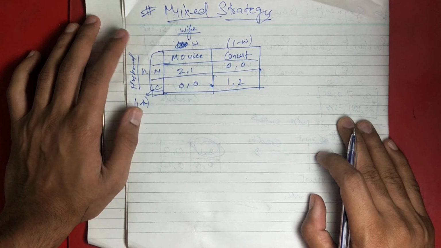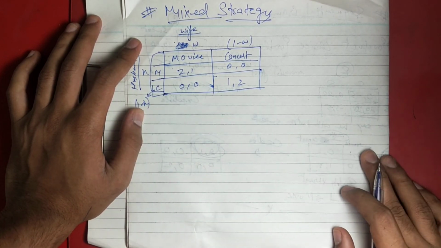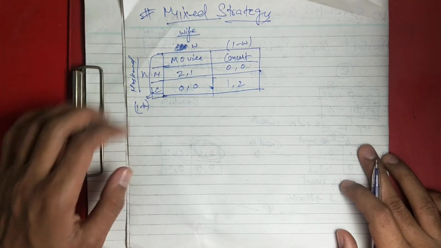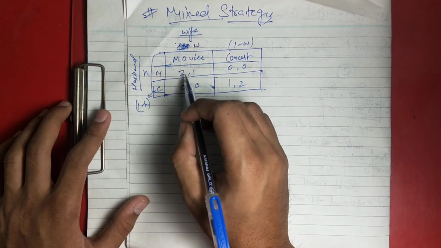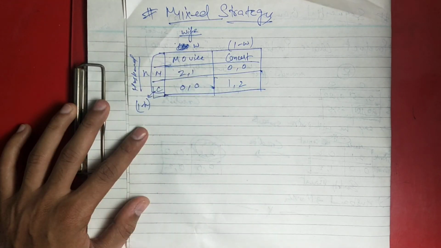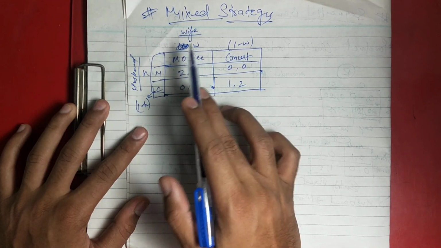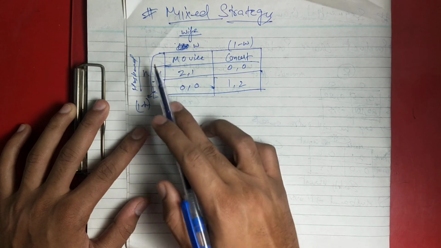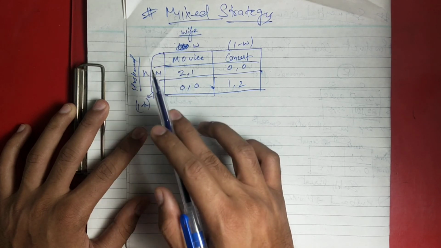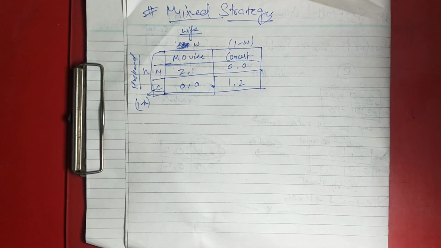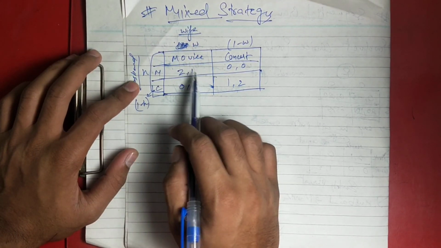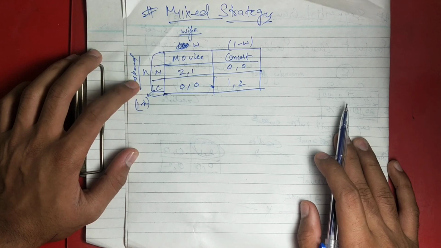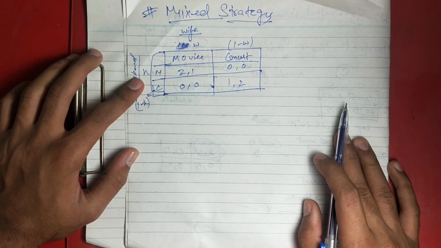Okay. So if I see this question with the pure strategy, we have two Nash equilibria. One is movie, when H and W are both 1. So when both are 1, this will be your Nash when we are in pure strategy.